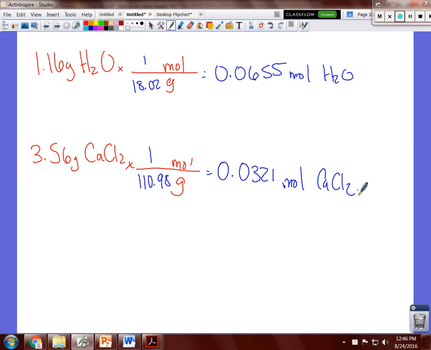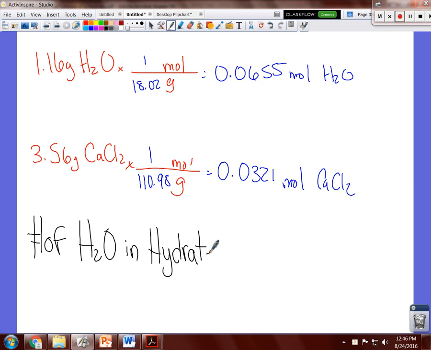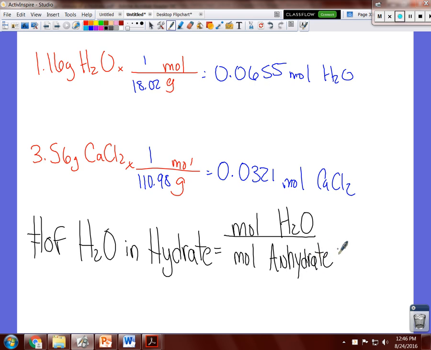Divide the top by the bottom. Okay, so that's your formula.